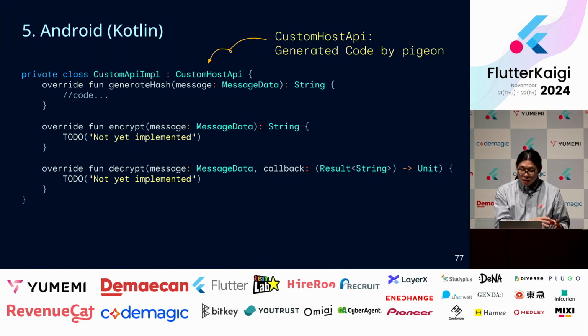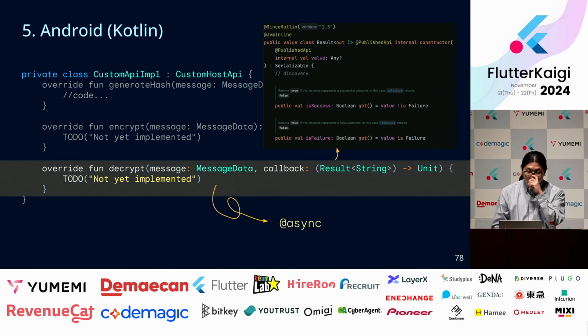The custom API implementation class inherits from the custom host API generated by Pigeon. When defining the API, the decrypt method uses the async annotation. You can notice that the return type is Result, which differentiates it from a regular method. Using Result allows us to handle both success and failure cases, providing a structured way to manage different outcomes.